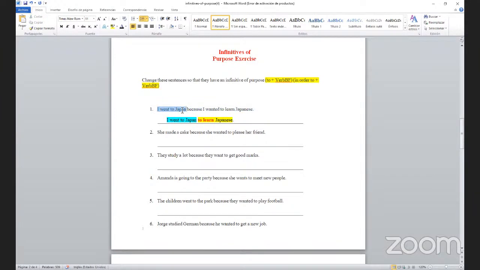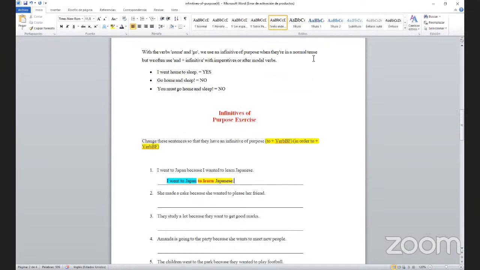For example, I went to Japan because I wanted to learn Japanese. But these 2 sentences, we could use in only one, using the purpose. I went to Japan to learn Japanese. Okay, so this is the infinitive of purpose. Now I will send you this and you are going to share your screen with the exercise, okay?